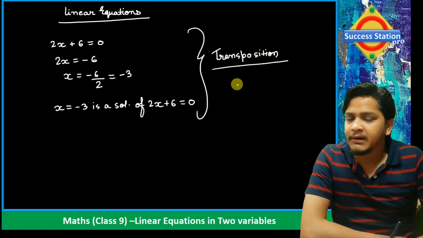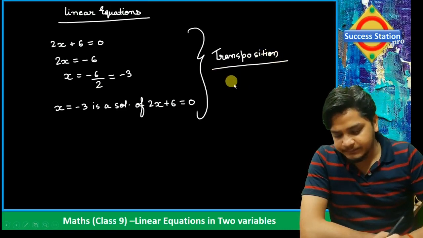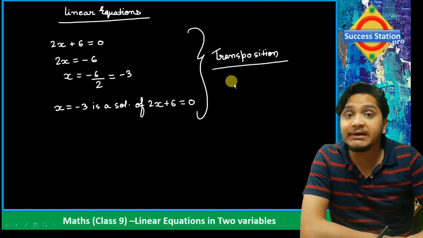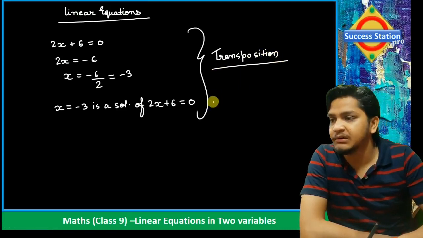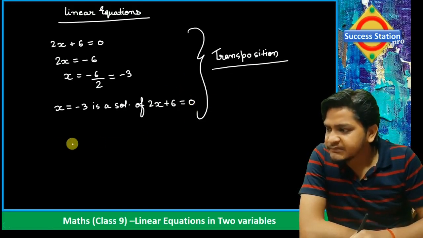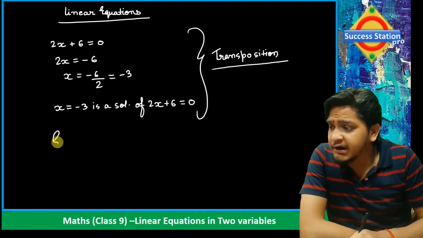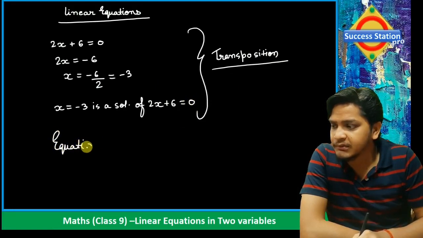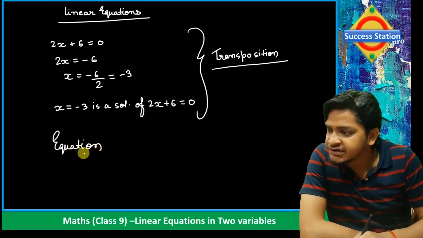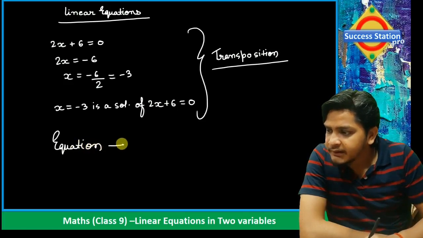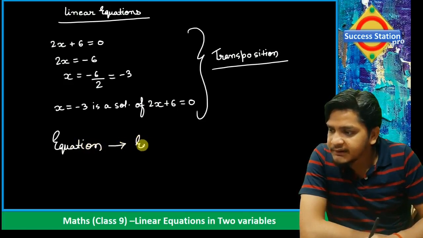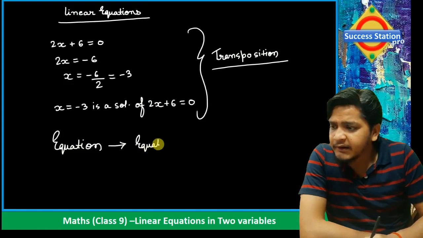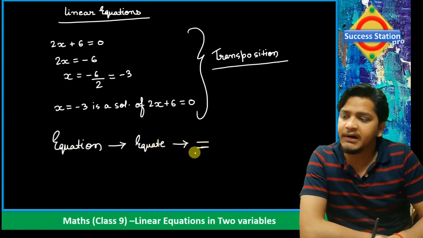You transposed either from left to right or right to left, and you got your answers, right? The same way, why is it called a linear equation? Firstly, the word equation comes from equate, or you can say equal to, right?